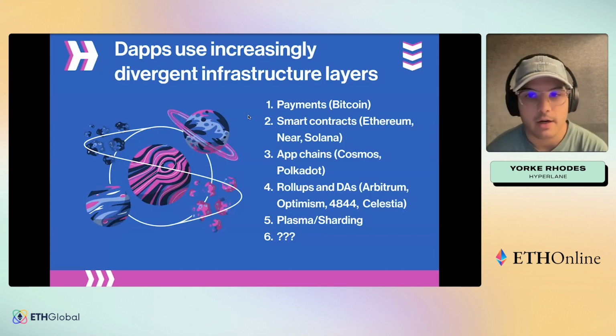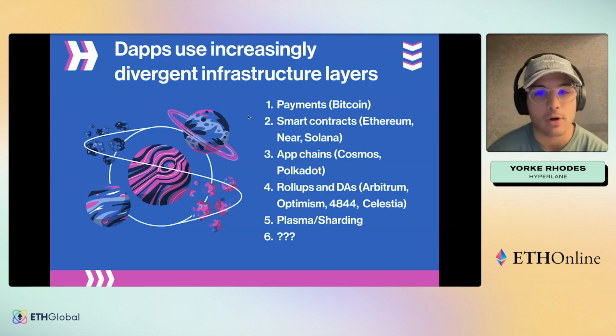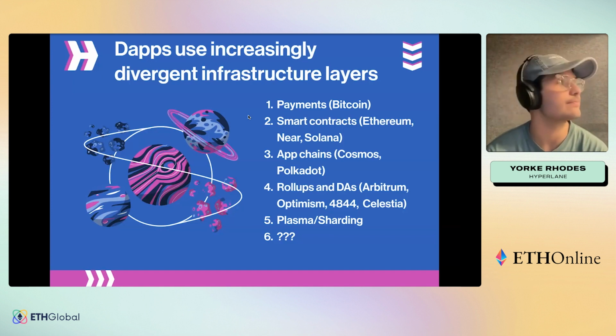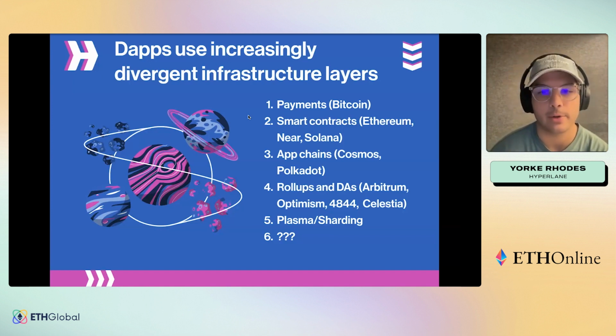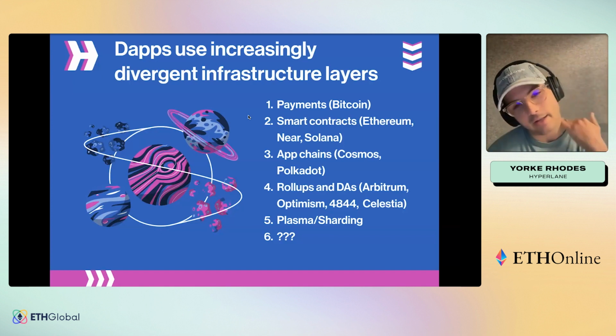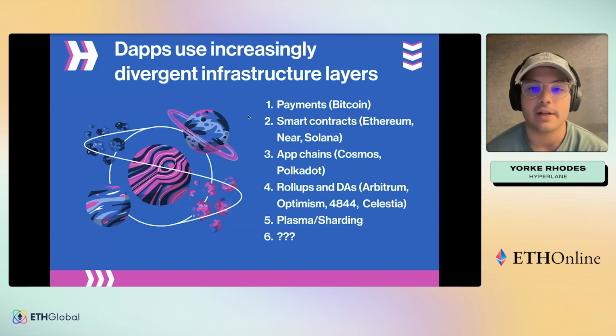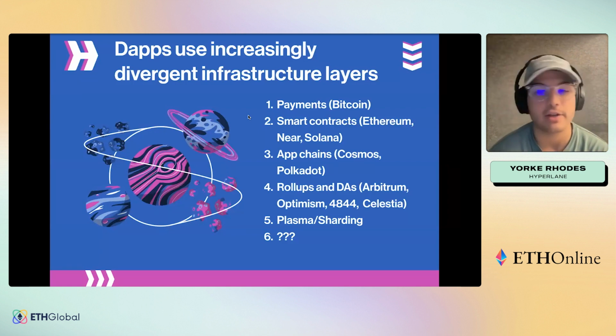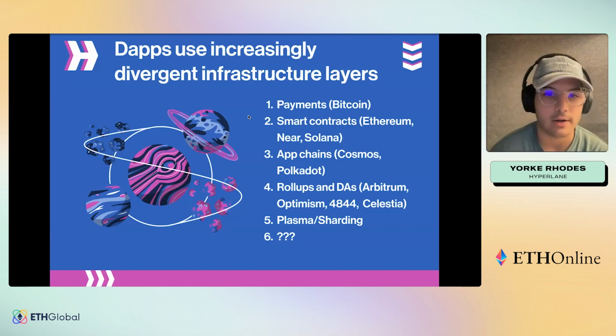But beyond Ethereum, there are more recently people experimenting even more at the infrastructure layer. If you're familiar with the Cosmos and Polkadot ecosystems, their idea is that instead of having a generalized execution environment like Ethereum, you can get some additional optimizations from having a chain that is designed specifically for an application.